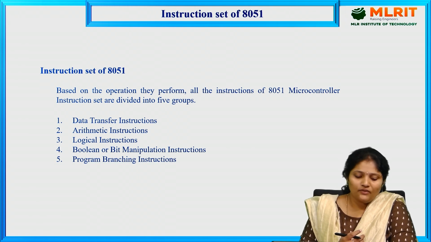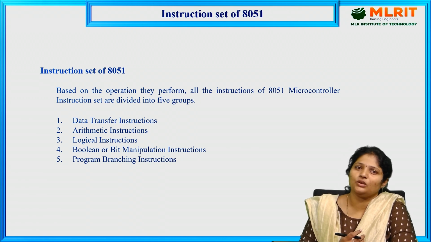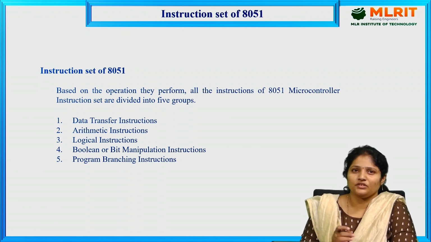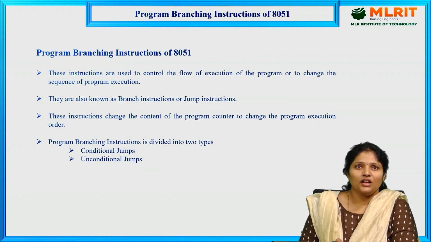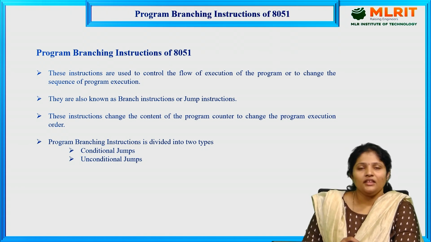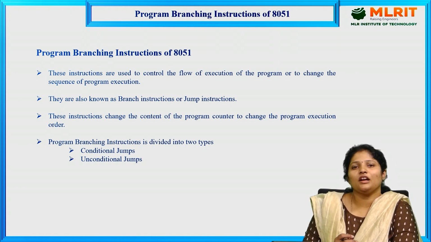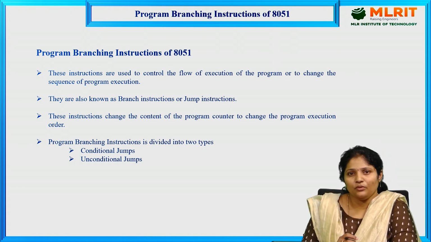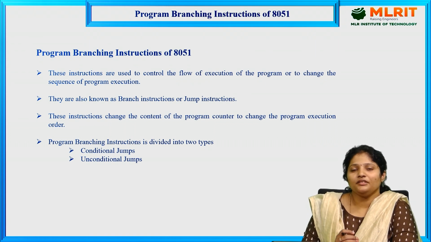Here, in today's presentation, we will see what the branching instructions are and how these branching instructions are used in the 8051 controller. These instructions are used to control the flow of execution of the program, or they can change the sequence of the program.